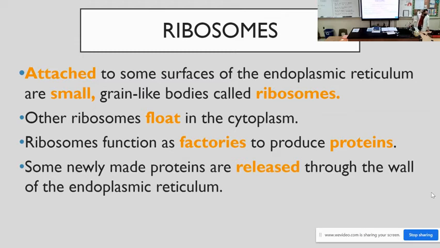So these proteins are sometimes used in the cell, or they are released through the endoplasmic reticulum, and then just kind of float around as well until the cell needs to use it, or until that protein gets picked up and transported somewhere else.